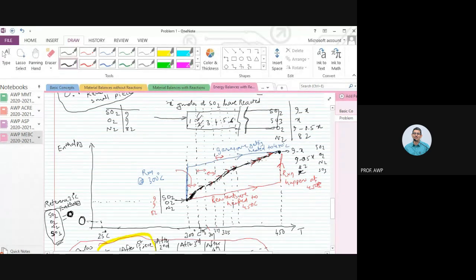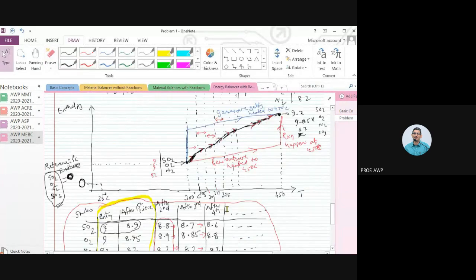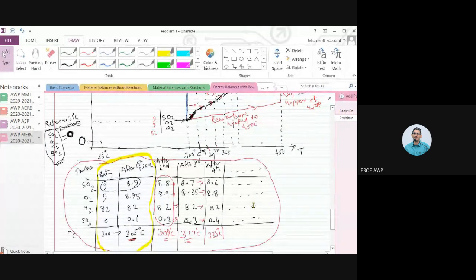In every piece, the reaction is happening at a different temperature: 300, 305, 309, 317, 325, 338, 341, 345, 357, 398. Every piece, the temperature is different, the composition is different.